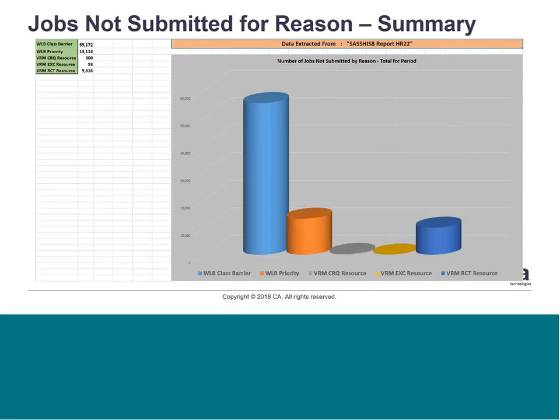So if you're using workload balancing, have you got class barriers set? Are they too low? Are they impacting on the submission of jobs? Is there a reason for using class barriers? These are all questions that you need to ask yourself. The other values, priority and virtual resources, are fairly low, but again, could be an impact.